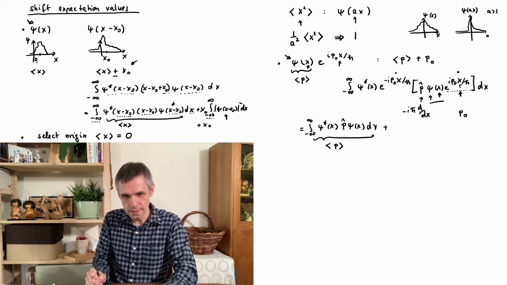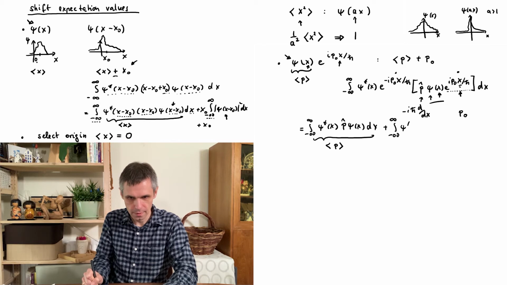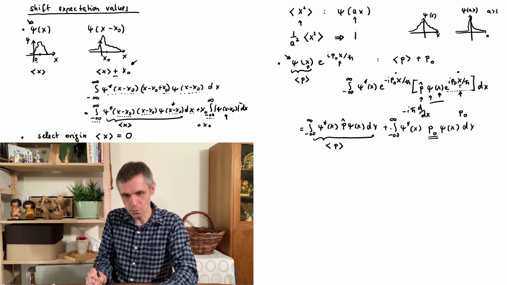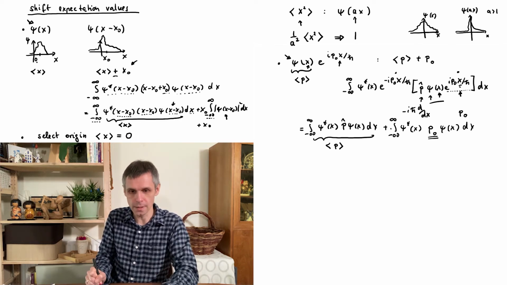And another one where we now have just this value p0. Again, the exponential functions cancel. p0 is again a constant, so we can once more pull it to the front and end up with our normalization integral, which is just 1. So all that we obtain is again just p0.